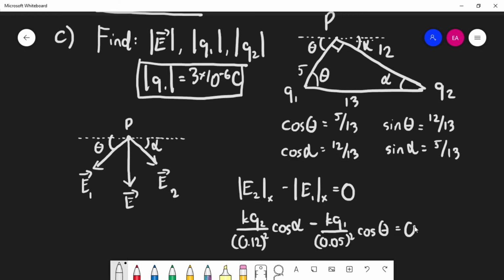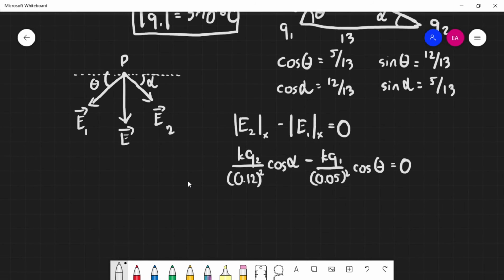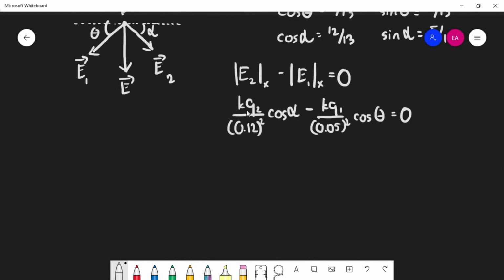That's equal to 0. Now we can't cancel the cosines because the angles are different. But what we can do is multiply both sides by 0.12 squared times 0.05 squared.